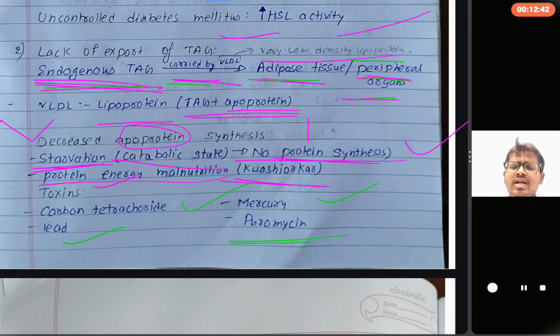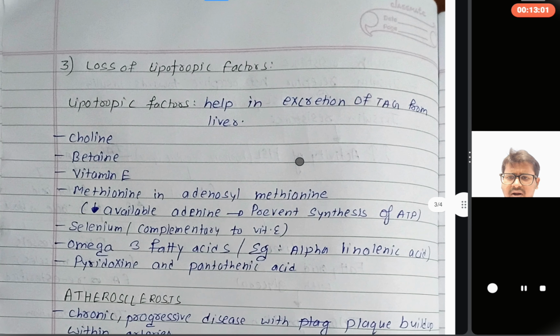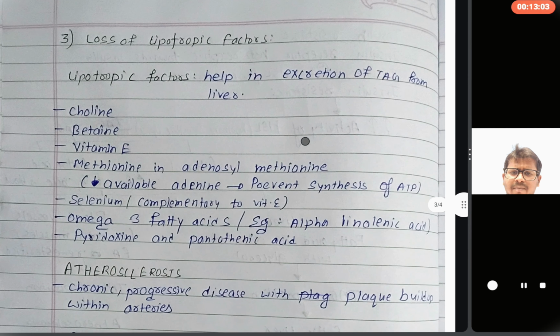It requires apoprotein, but apoprotein is not there in starvation or protein energy malnutrition, because there is no protein and so no synthesis of apoprotein, so there is lack of export. And we are talking about toxins. Now we move to the next part, that is loss of lipotropic factor.